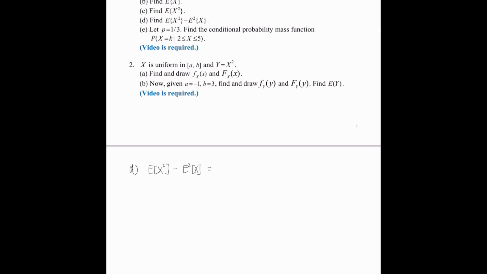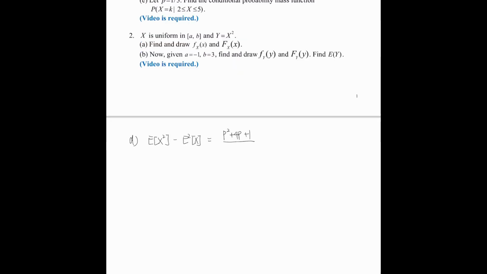So it's equal to p squared plus 4p plus 1 over 1 minus p squared minus the square of p plus 1 over 1 minus p, which equals p squared plus 4p plus 1 minus p squared minus 2p minus 1 over 1 minus p squared, which equals 2p over the square of 1 minus p.